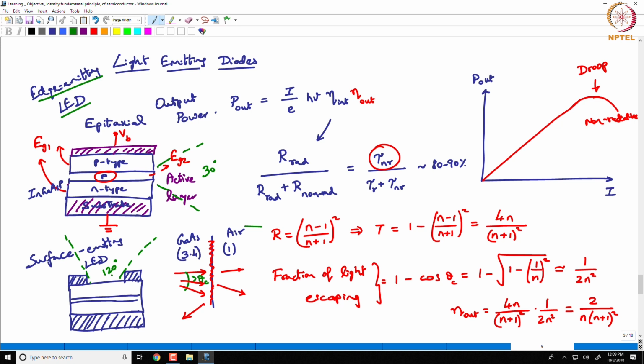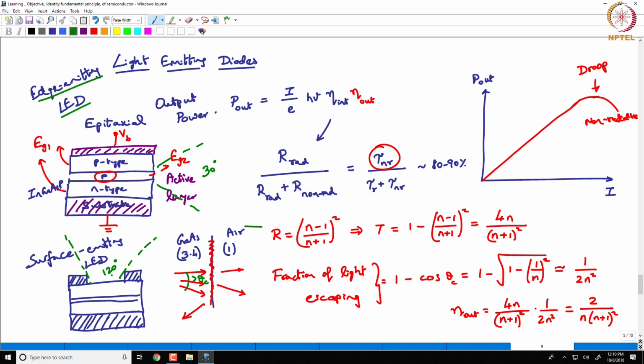Okay. So, for lighting applications, you would rather have a surface emitting LED, right. So, where you can actually spread the light as widely as possible, okay, and over a larger aperture, because you do not care about the quality of the light.